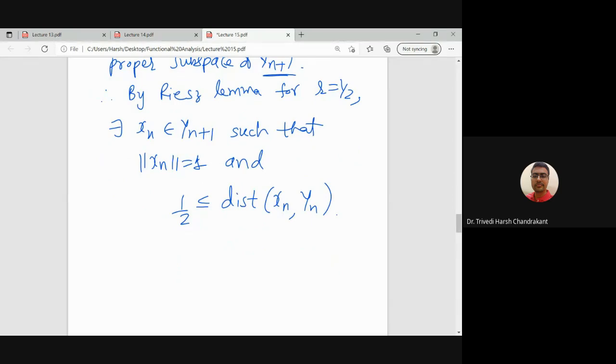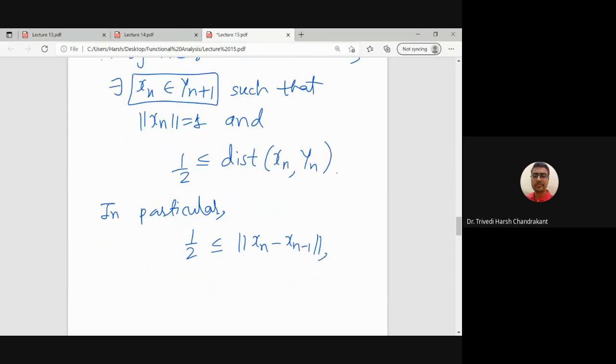So in particular, xn is in Yn plus 1, so xk belongs to Yn for k less than n. What we get is 1 by 2 is less than or equal to the norm of xn minus xk.